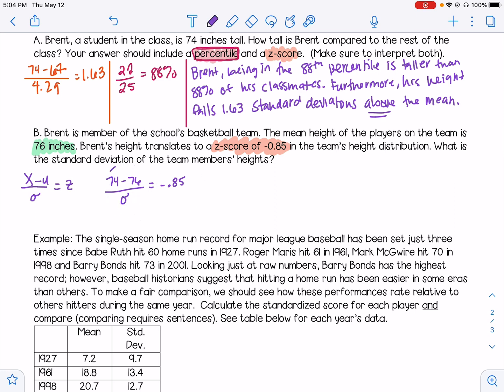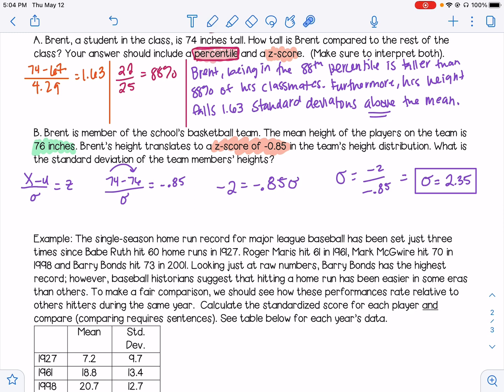I'm going to go ahead as I do that, subtract here. So that gives me negative 2 equals negative 0.85 with the sigma hanging out. So in order to get sigma, we're just going to do negative 2 divided by negative 0.85, and that gives me a standard deviation of 2.35, which would represent inches in this case because we are talking about heights.